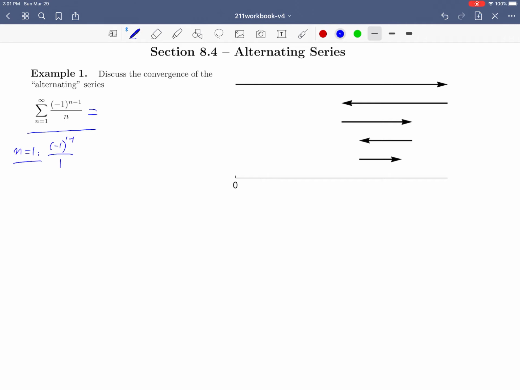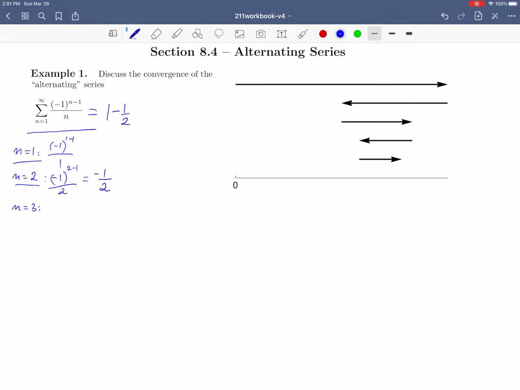So if n is equal to 1, we get our first term, and that is (-1)^(1-1) over 1. And when you simplify this out, you're just getting 1. When n is equal to 2, we are getting (-1)^(2-1) divided by 2, and when you simplify all of this, we have (-1)^1.